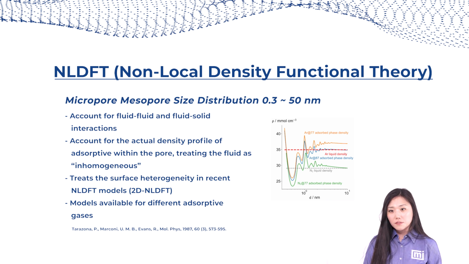So the NLDFT takes this fluid to solid interactions as well as the fluid to fluid interactions into account, treating the adsorbate fluid as inhomogeneous to simulate the density profile depending on the types of materials being analyzed, geometry of the pores, the adsorbate gas, and the temperature.